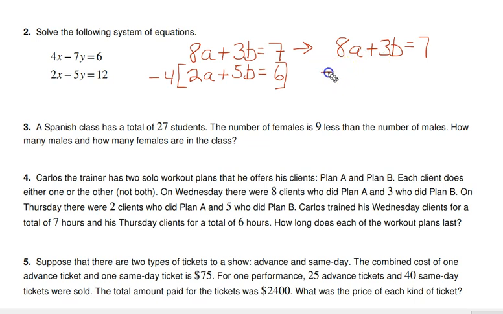So this will be a negative 8a. This will be a negative 20b. And this is going to be a negative 24. Now, as we add these up to eliminate one of the variables, this is 0.